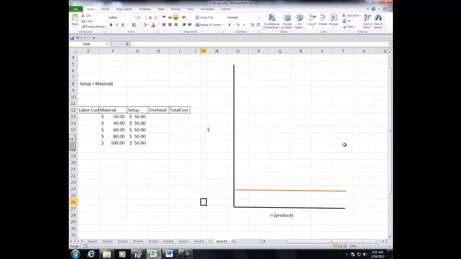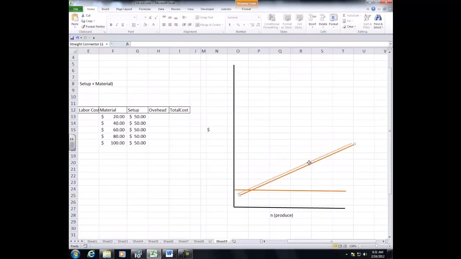How about the material cost? What is the behavior of the material cost? Linear. It's linear, increasing, correct. So I will make this going this way. The slope of this line is how much? $20. So where will I put this line in this graph?